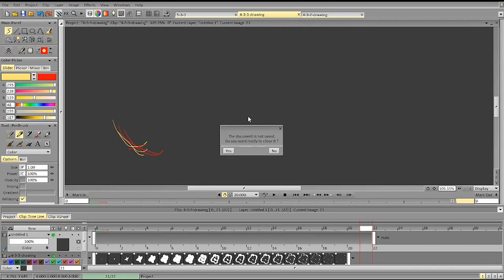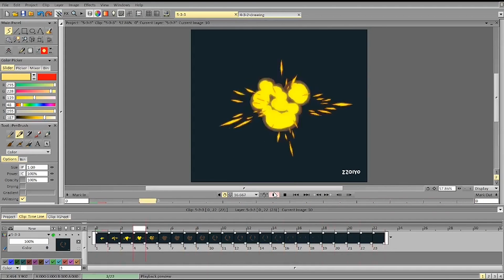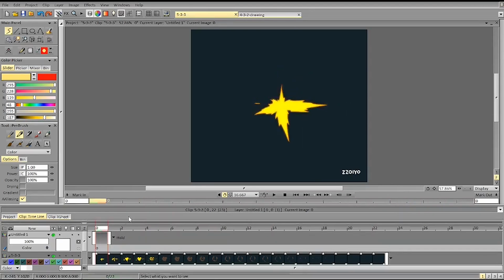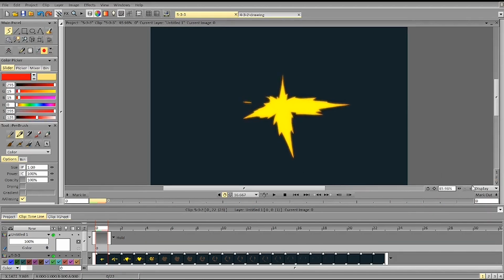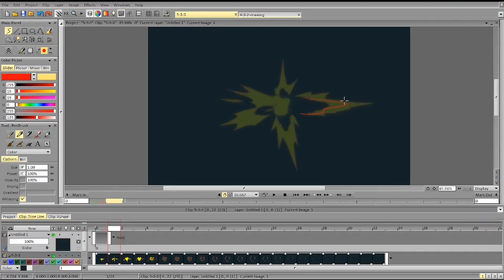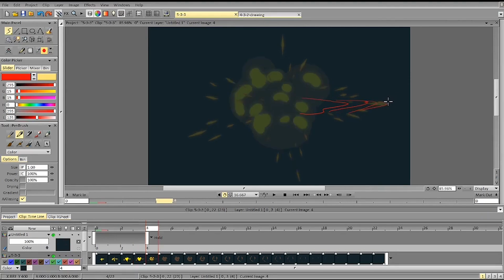So let's break down the next animation. Again, it's a bit too even, both for the sparks and for the explosion. Let's see. So it goes like this, goes like that, goes like this, goes like that.